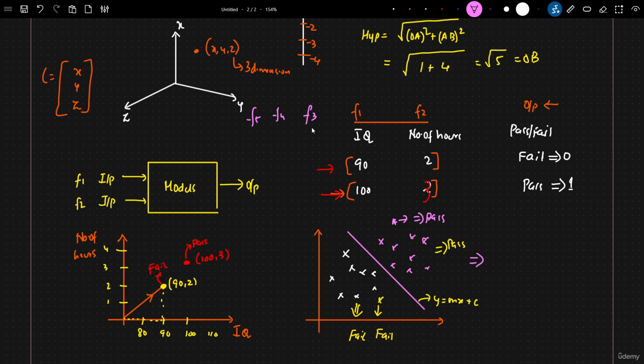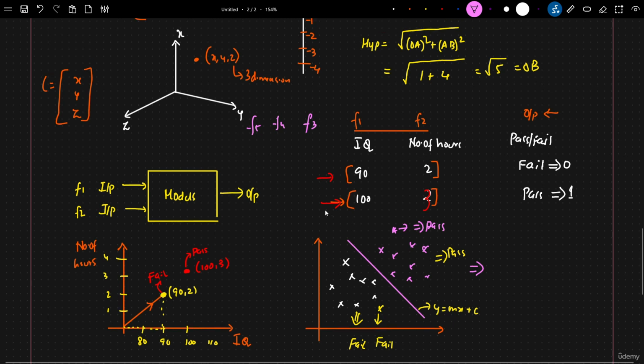But linear algebra is so amazing that, since it supports a lot of matrix calculation, any number of features can be represented in that dimension. A single point can be represented in 5 dimensions because it has 5 different values. But just to help you understand, I have shown you 2 dimensions and 3 dimensions.